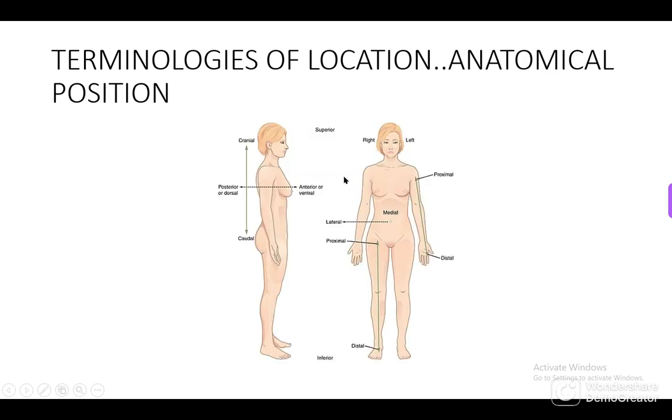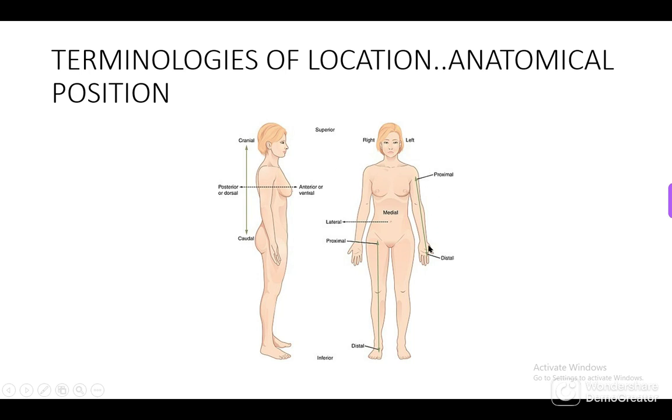As far as location is concerned, first of all, this is the position called the anatomical position. In the anatomical position, the face is anterior, the two lobes of the ear should be in front, and you can see it.